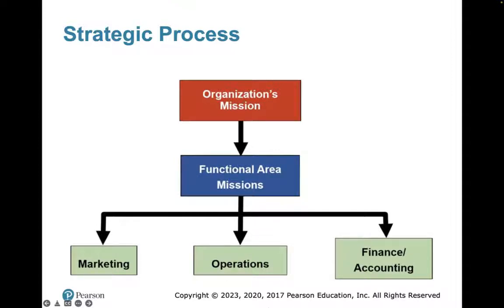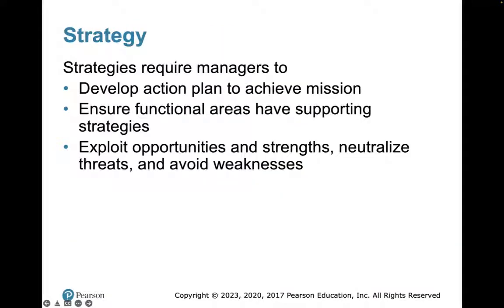This is what I mean by strategy. So again, strategy is going to help us support or achieve that mission. So we need to develop action plans. We need to make sure that every OM decision or every strategy we have is supporting that mission. And of course, it always helps to do some sort of SWOT analysis so we can make sure that we are successful at achieving that mission.